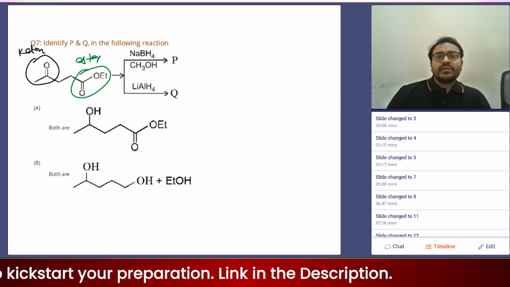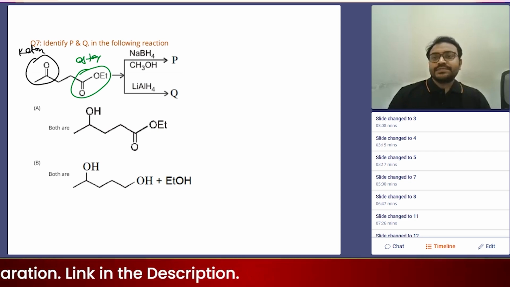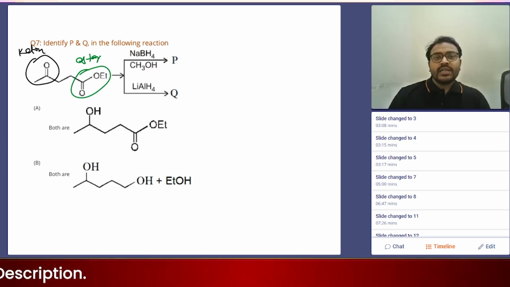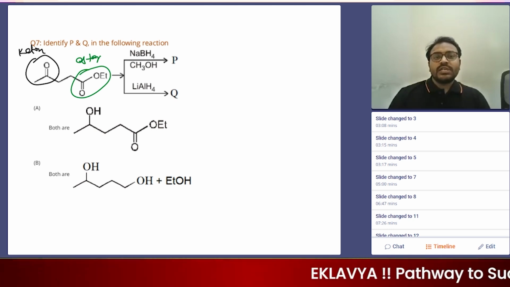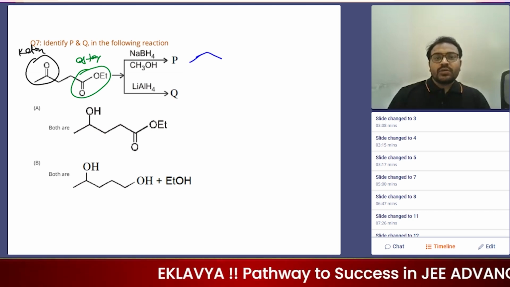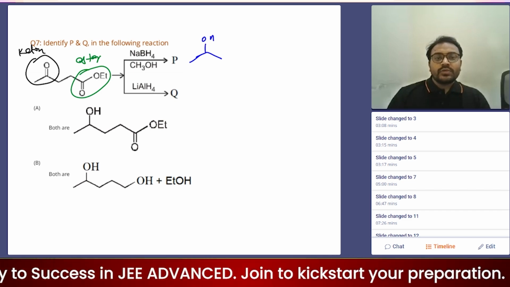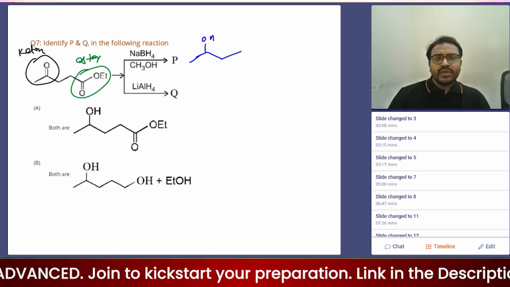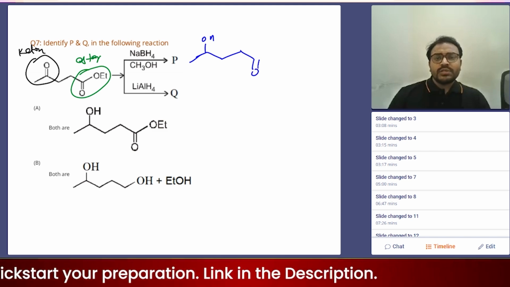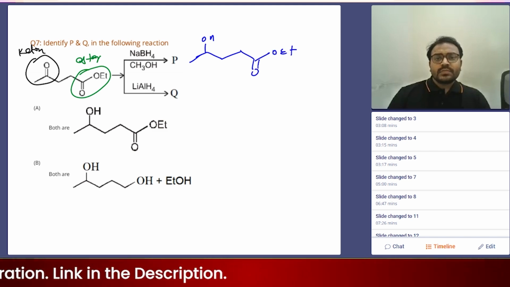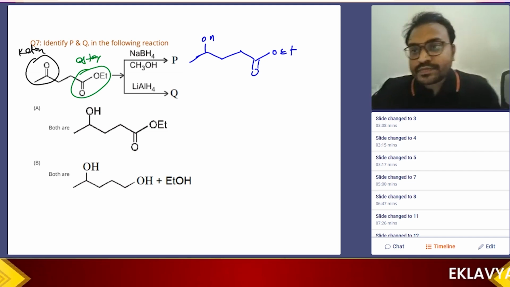And we know that an ester cannot be reduced by NaBH4. Okay, so NaBH4 only reduces the ketone, and the ketone gives a 2-degree alcohol. So this will be the structure of P. The ketone reduces to alcohol, and the ester remains the same.